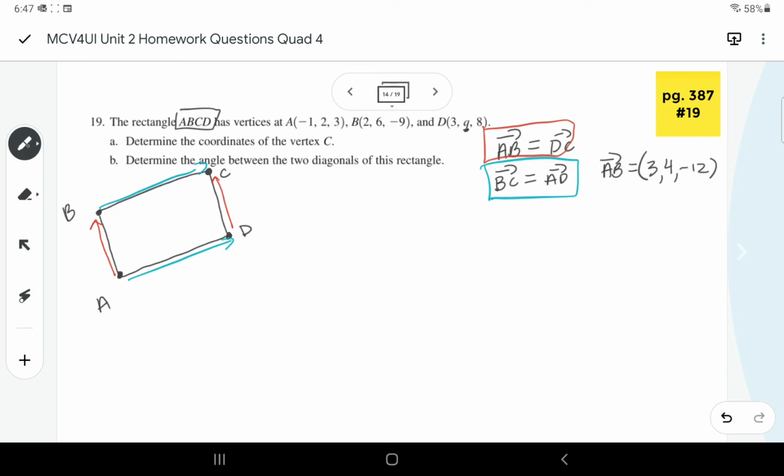So something important here that you may have missed is the fact that this is a rectangle. So we know that this is not just a parallelogram. We don't just know that these vectors are parallel. We know something important about the adjacent vectors. We know that these are perpendicular sides.